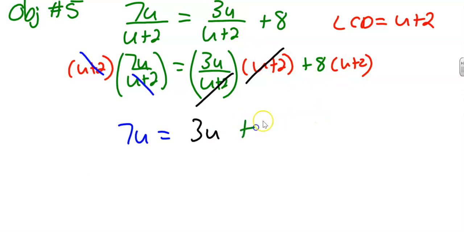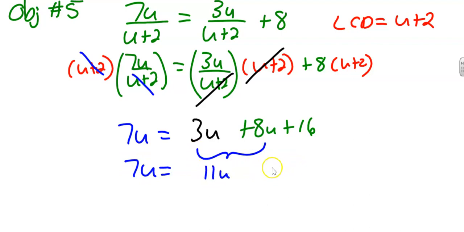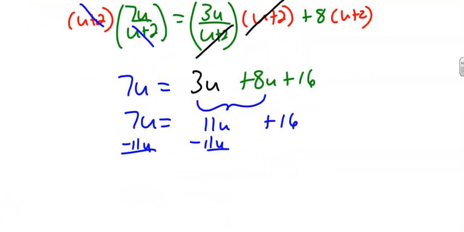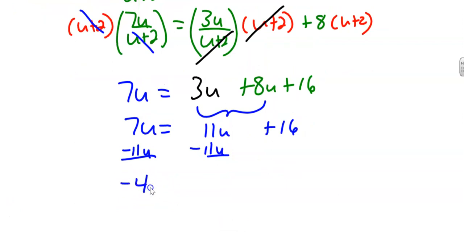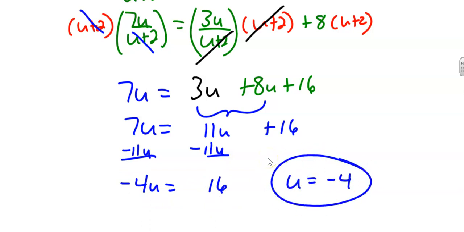So 8 times u is 8u plus 16. Do the 3u plus 8u, make that 11u. And then now, again, we're just going to take the 11u's, I would say move them to the left-hand side. So we've got negative 4u equals 16. And then divide by the negative 4, so u would equal negative 4.